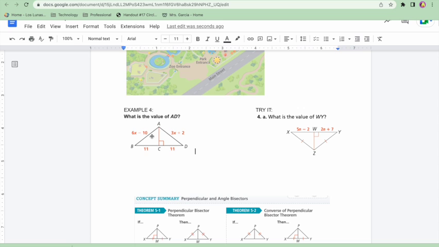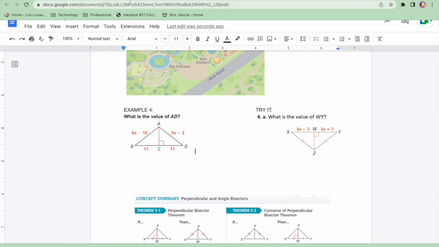So that means that by corresponding parts of congruent triangles, this side AB, which is 6x minus 10, is equal to the side AD, 3x plus 2. If we write these two equations equal to each other and solve for x, then we know what x is.